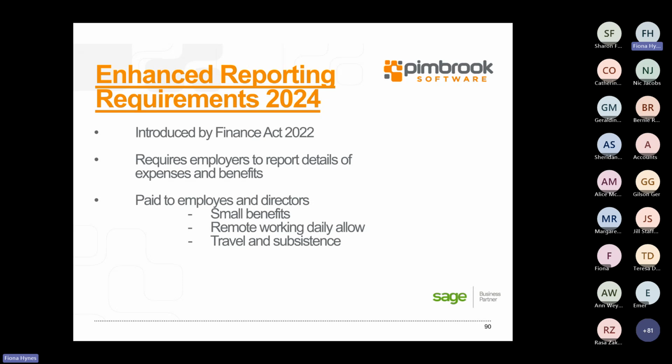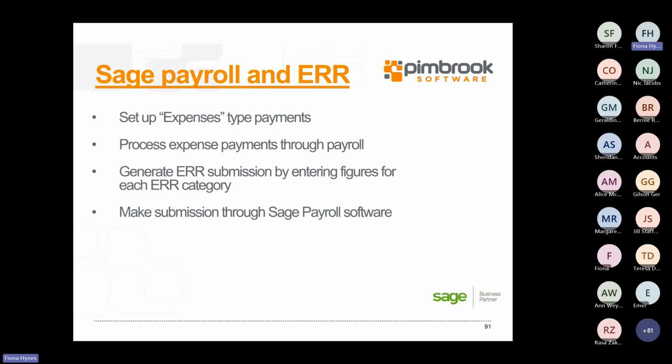So the three categories of expenses that must be reported are small benefit exemption, remote working daily allowance, and travel and subsistence, which is further broken down into various vouched and unvouched categories. Sage Payroll facilitates the generation and submission of the ERR data to Revenue through a direct connection similar to the normal submission process.